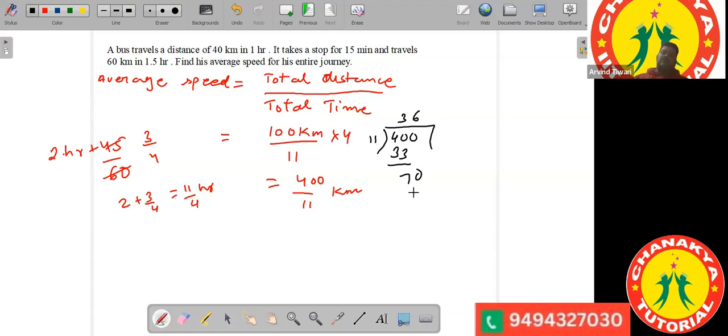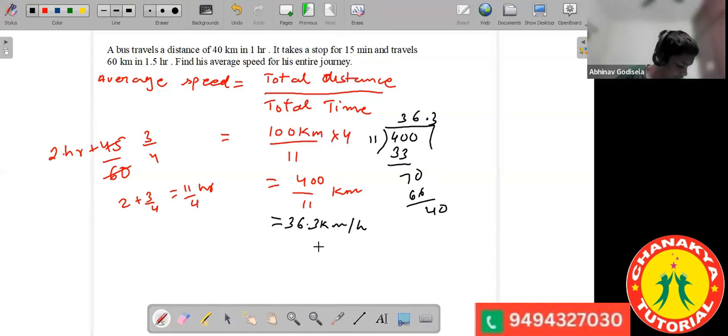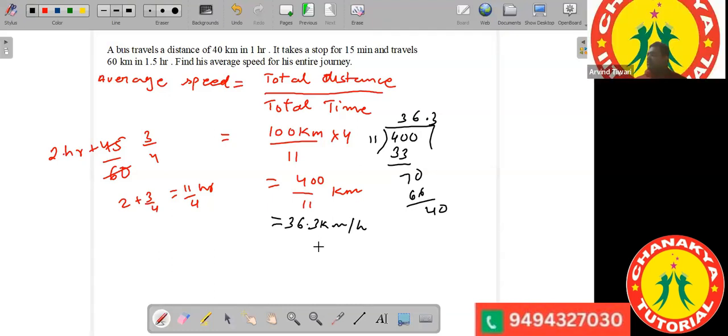We are getting something like 36 point something. 36.36 kilometers per hour. So that is what we are getting as our answer: 36.36 kilometers per hour.